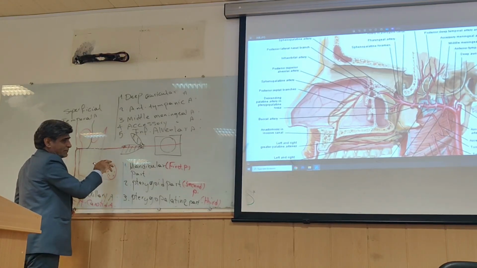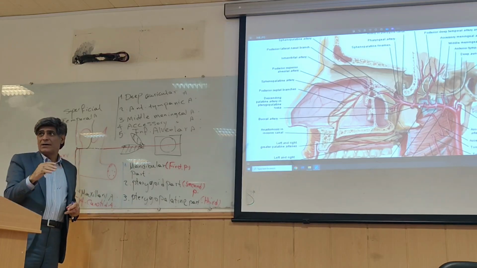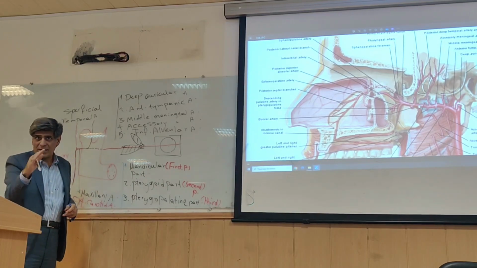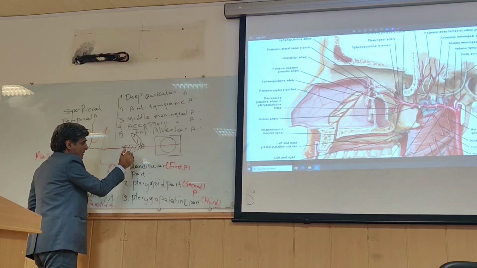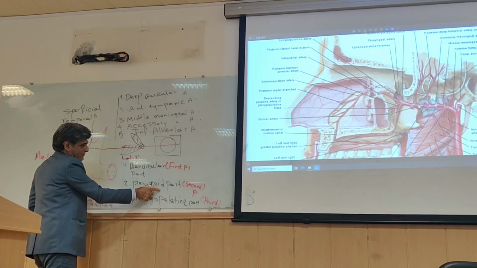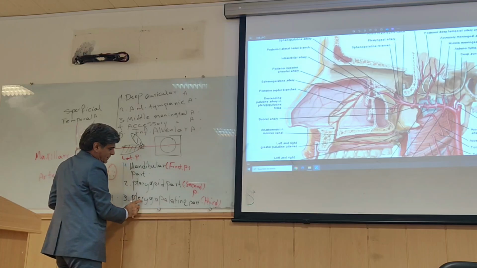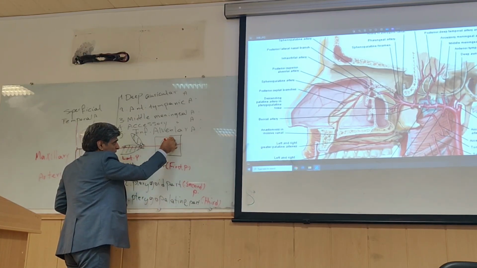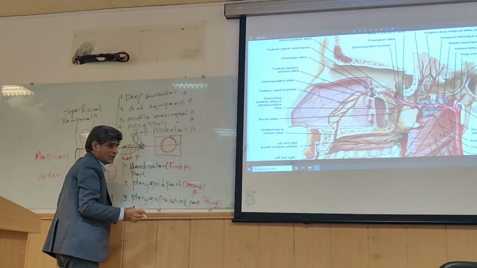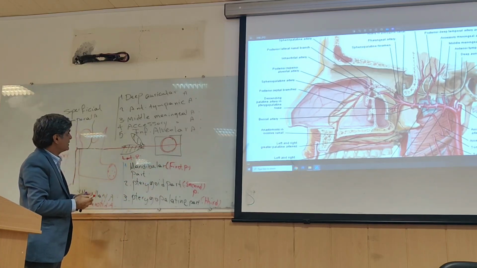Second part passes on the lateral surface of the lateral pterygoid muscle; the pterygoid part. And the third part enters the pterygopalatine fossa. The first part has five branches.